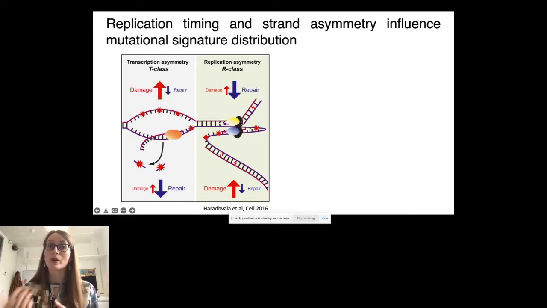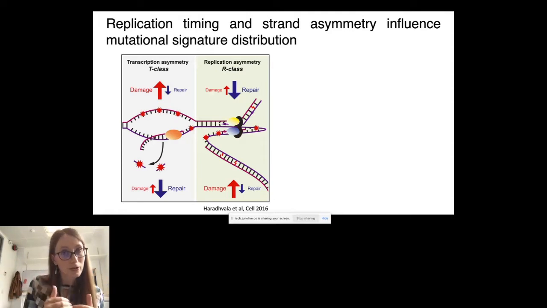Secondly, during DNA replication, there are also some biases happening. Depending on whether you are on the leading or the lagging strand, certain types of mutational processes will induce mutations that are preferentially accumulated on one of these two strands.